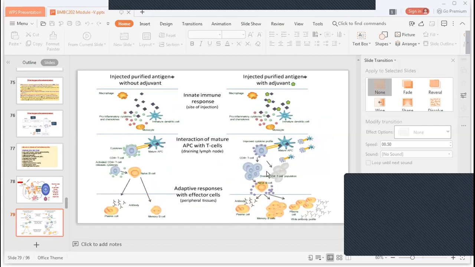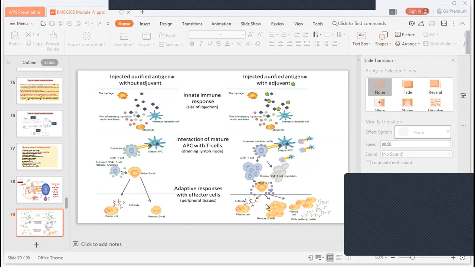And these cytokines will mature the APC, then it will bind with the CD4 T cell, and then it will induce the innate B cell into plasma cell and memory B cell. Memory B cell will memorize all the steps, all the patterns. Plasma cell will secrete antibody.